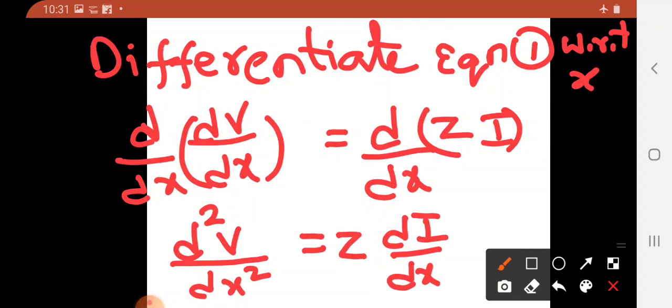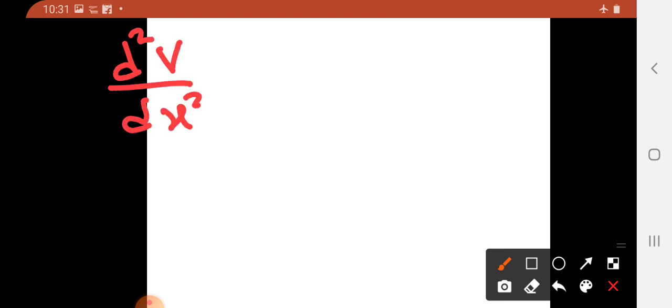From equation 2, what is di by dx? di by dx is equal to v into y. Now let me substitute this: d square v by dx square is equal to z into di by dx, which is v into y.